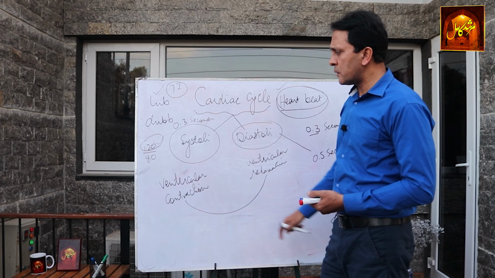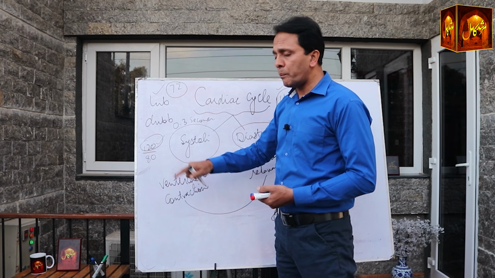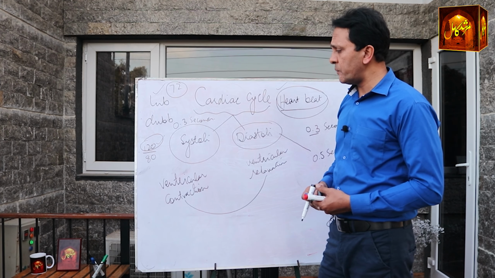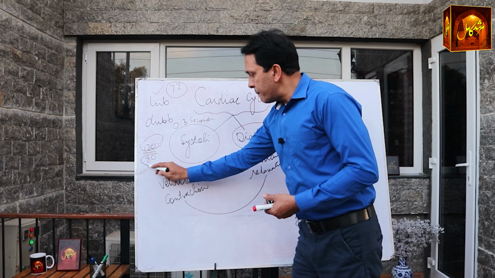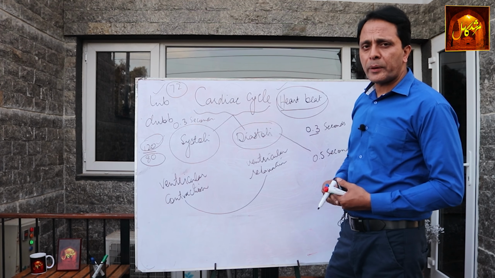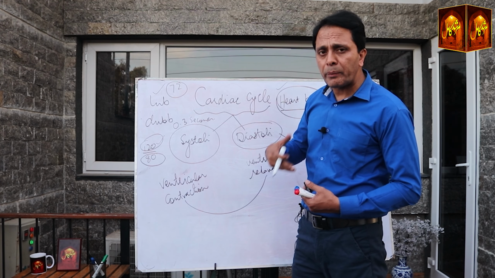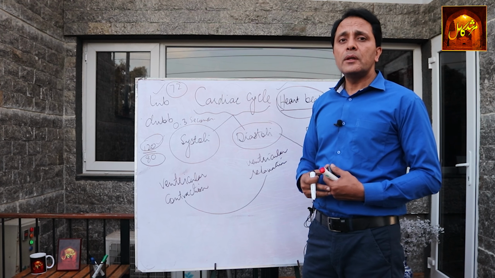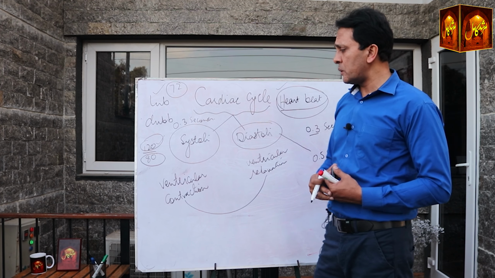When it contracts, the pressure increases and blood is pumped out of the heart. This value shows diastolic pressure. When the blood is coming back to your heart, at that time the blood is at low pressure.